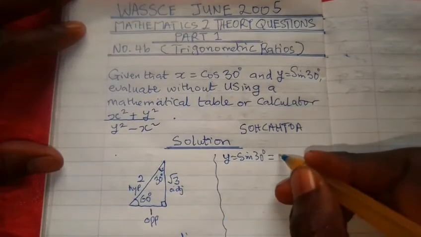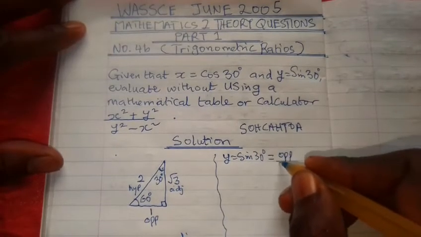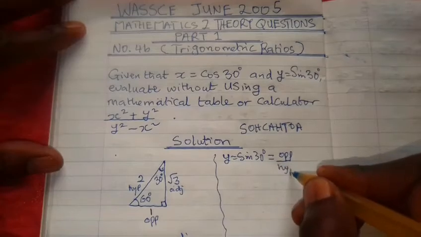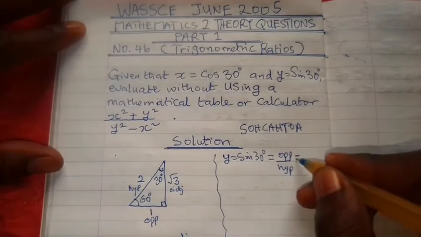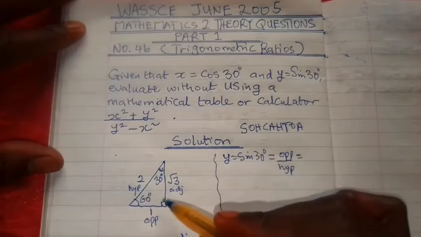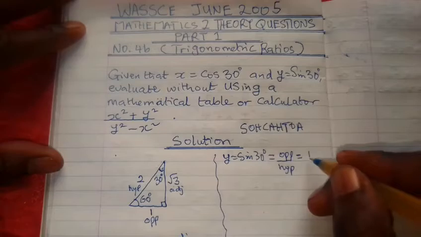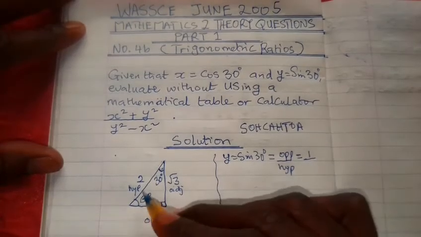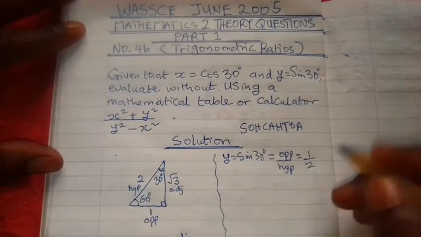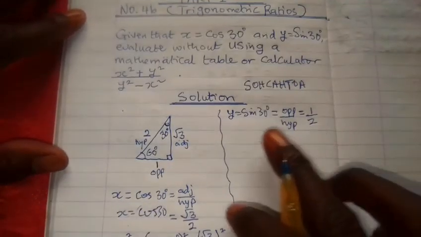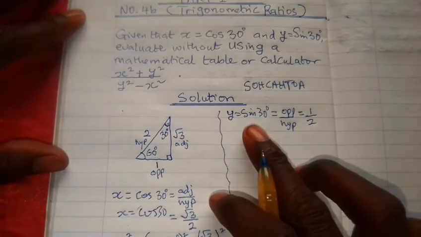So write it out. Opposite upon hypotenuse. Now, what is the value for the opposite? We come to the triangle. Here we have 1 for the opposite. We put it here, 1 upon hypotenuse, which is 2. We got 2 there. So now we've gotten the value for our y, which is what?